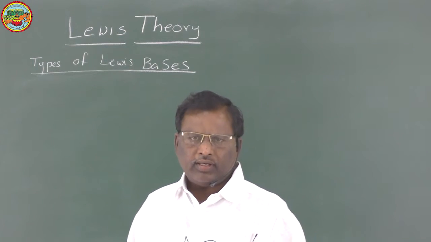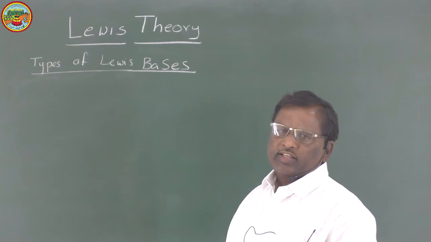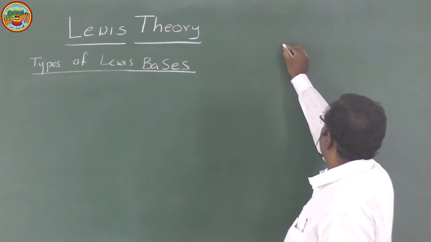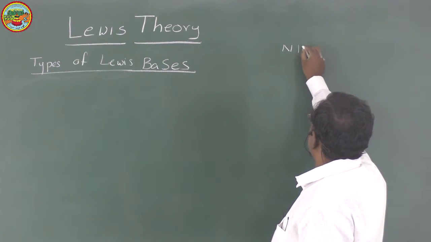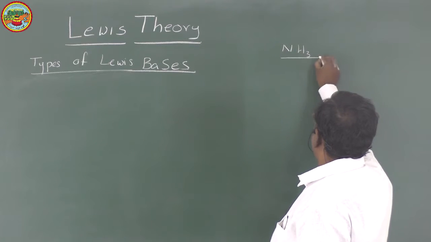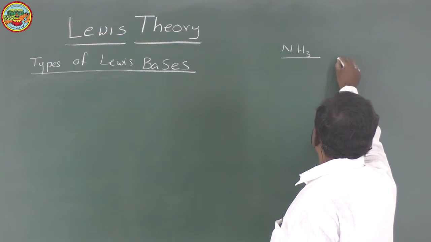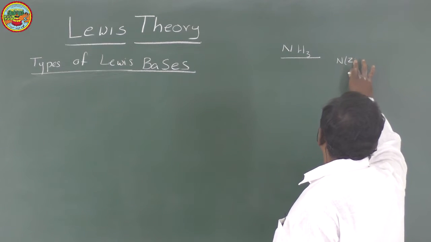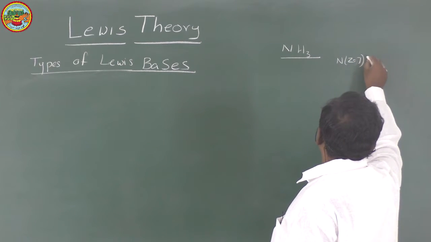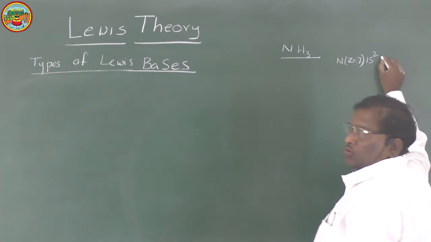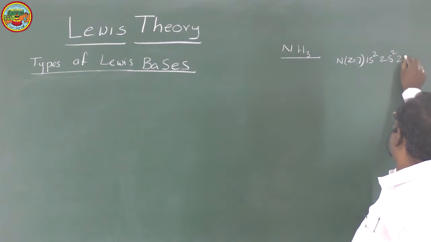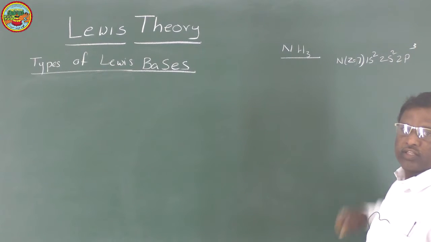Let us observe an important species, that is NH3. In NH3, the central atom is nitrogen. Nitrogen's atomic number is 7, so its electronic configuration is 1s2, 2s2, 2p3.